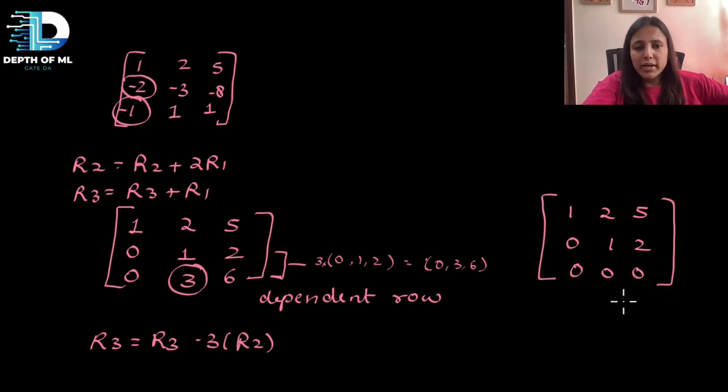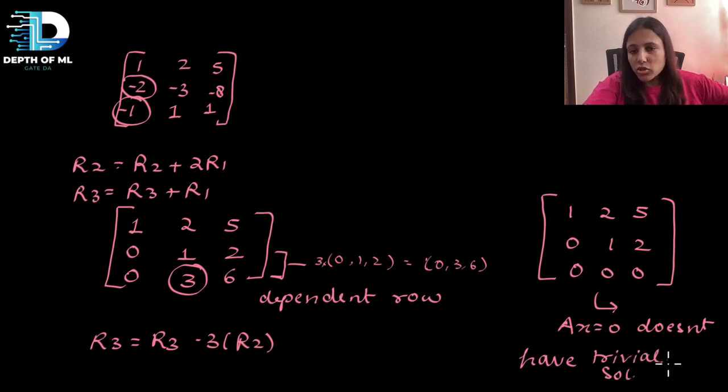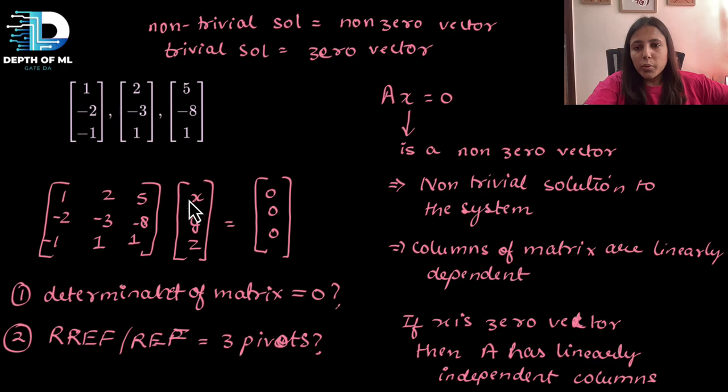So now you know that this system does not have only the trivial solution. Ax equals 0 has a non-trivial solution, right? So if this does not have only the trivial solution, what it means is that there exists a non-zero vector such that when I multiply this matrix with this vector, it will give me 0, 0, 0.